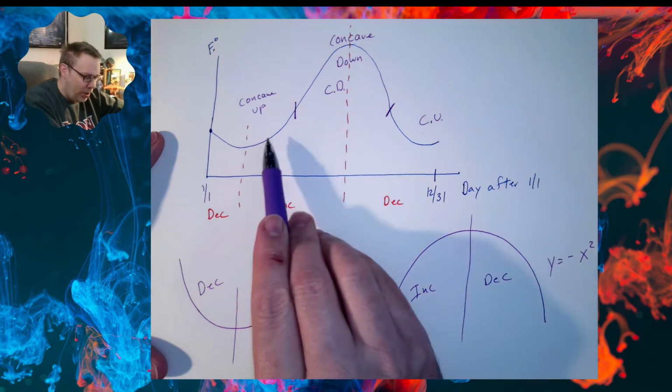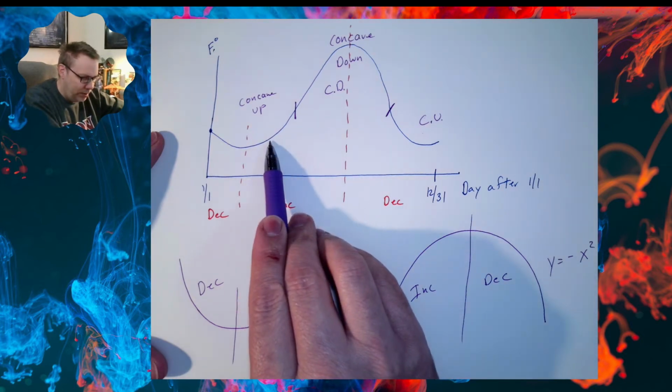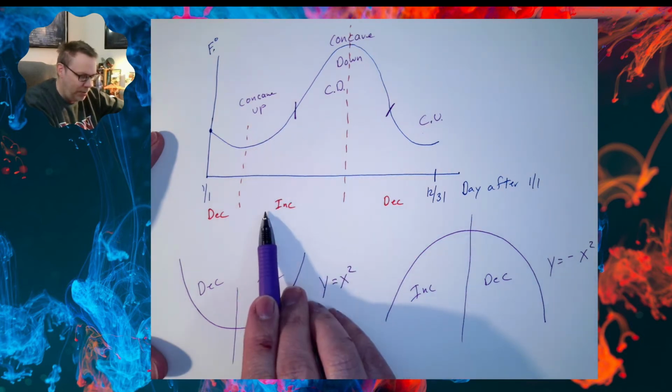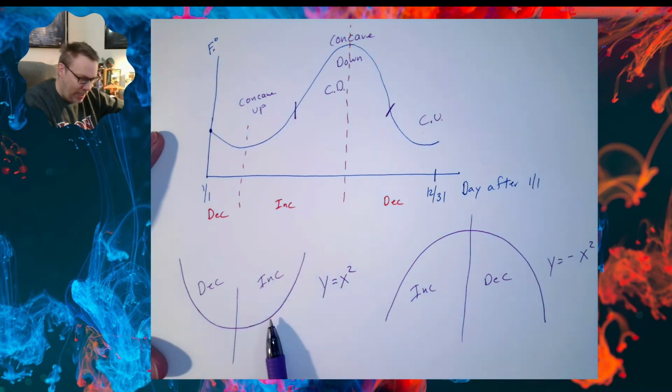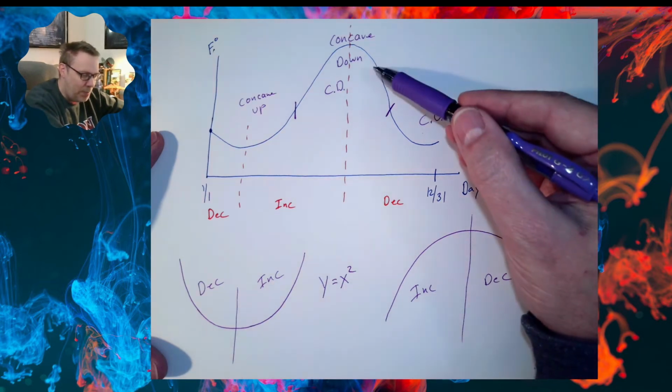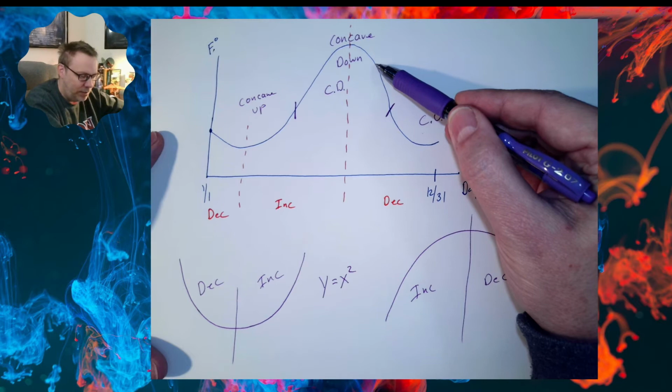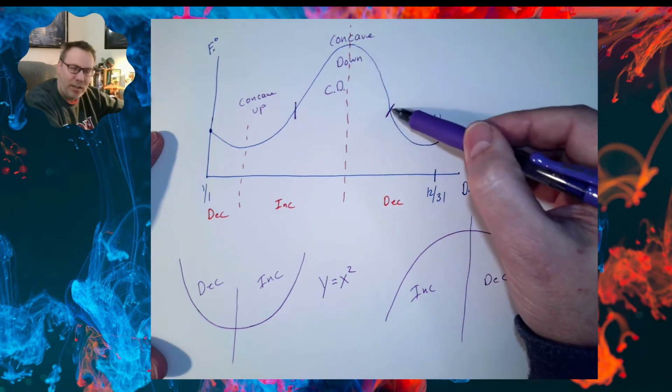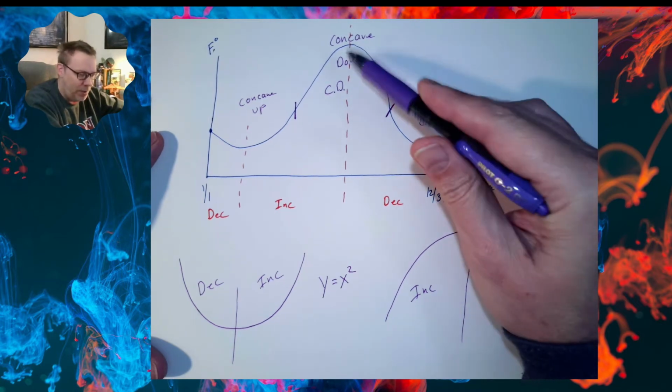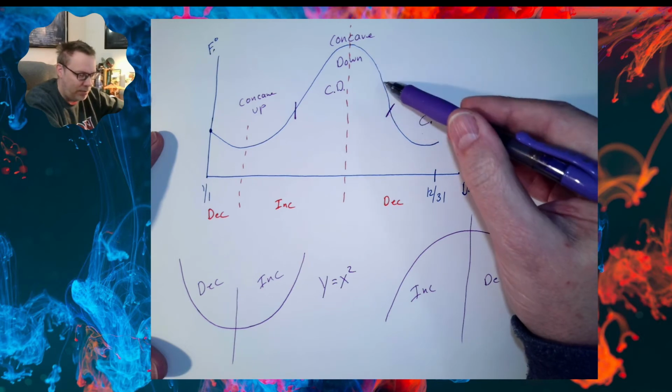So this part of the graph, right here, this is concave up and it's increasing. It kind of looks a little bit like this part of the graph here. But this part of the graph, from here to here, I know it's decreasing and concave down.